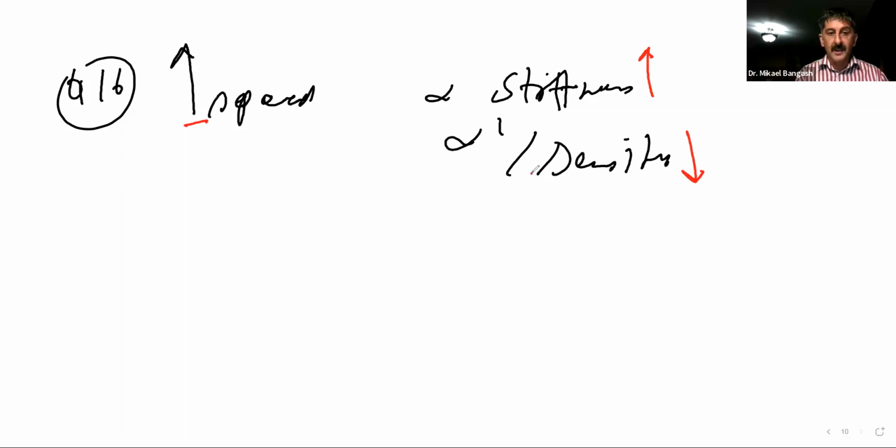So the one with the lowest density and the highest stiffness is going to have the highest speed. Had they asked the other way around and said lowest speed, then that would be the ones with the greatest density and the lowest stiffness.